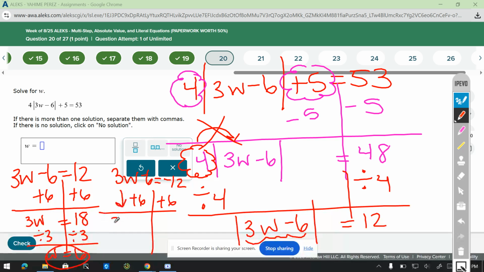Essentially, we have to do the same process of adding 6 and dividing by 3. And we get W is equal to 6 and or negative 2.